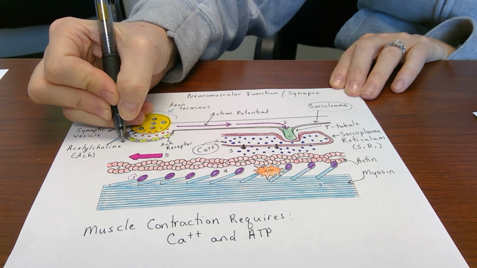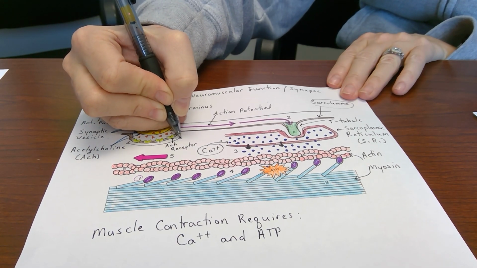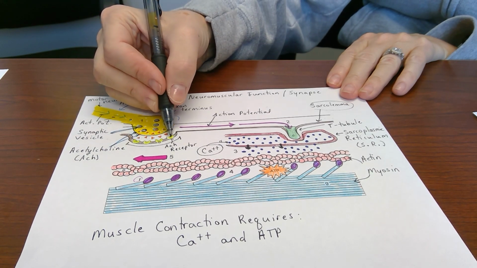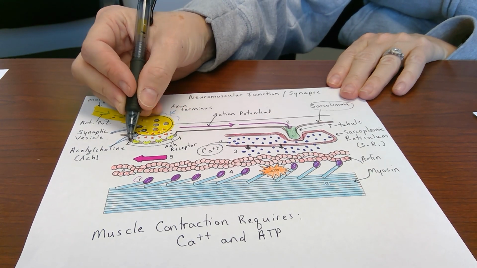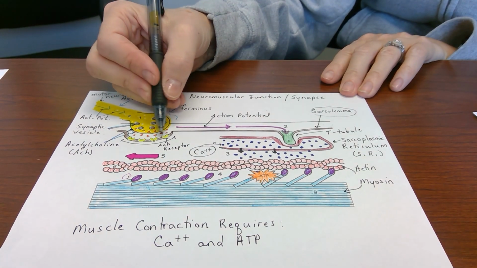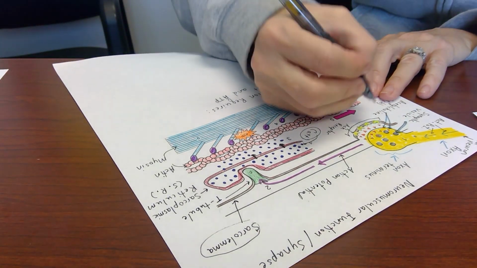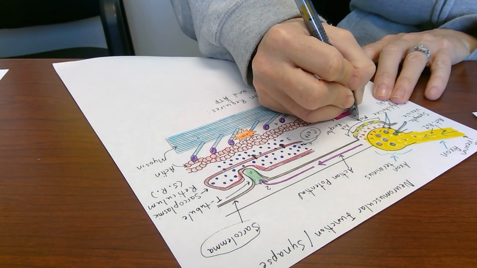But the portion of the sarcolemma right here that contains the ACh receptors is referred to as the motor end plate. So the motor end plate, let me just add that label really quickly. I'm going to spin it around because I'm upside down. Motor end plate.